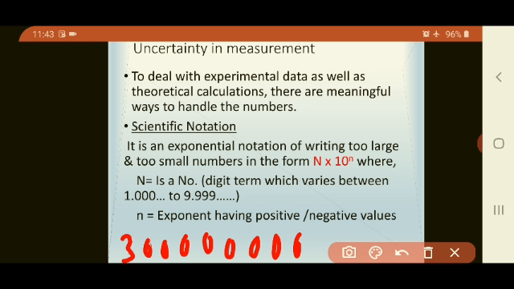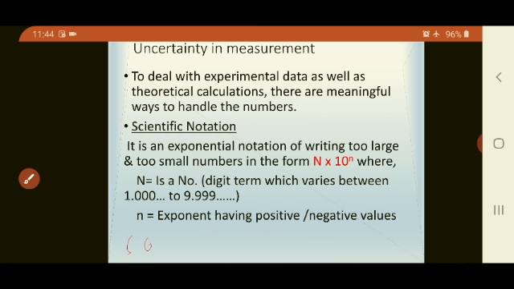So to solve this problem, scientists have decided to write these numbers in a small form, and that is called scientific notation. So what is this scientific notation?